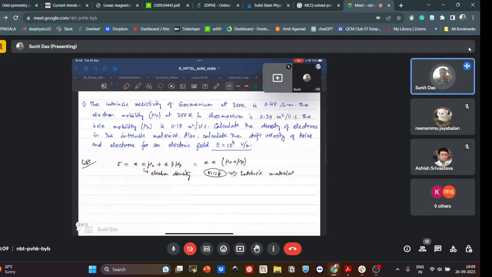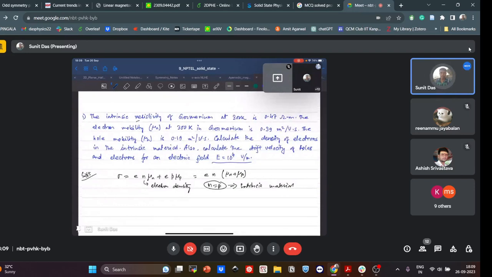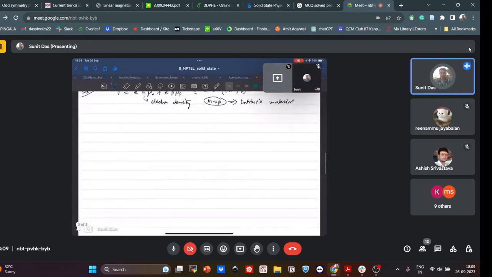Now we have been given the resistivity. So sigma equals 1 by rho, and this will be equal to e n (mu n plus mu p), right? So then we need to find n, which is 1 by rho e (mu n plus mu p).